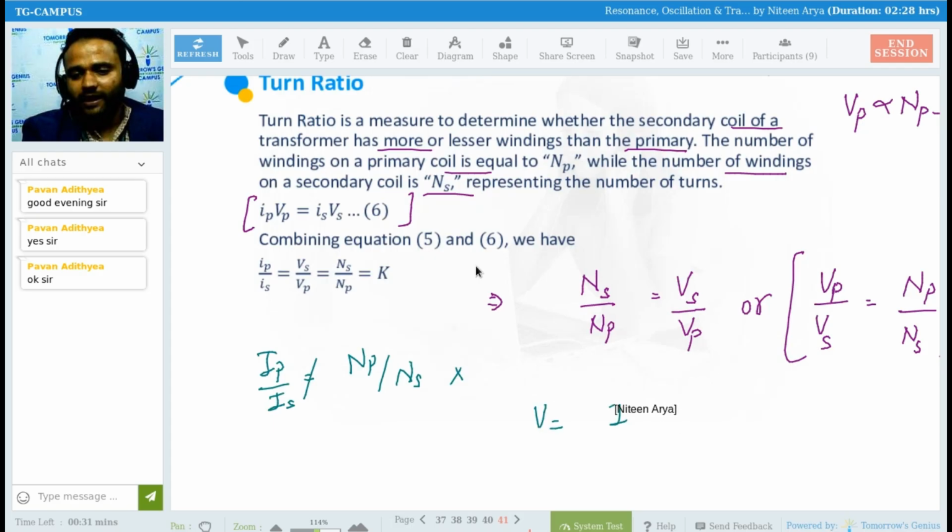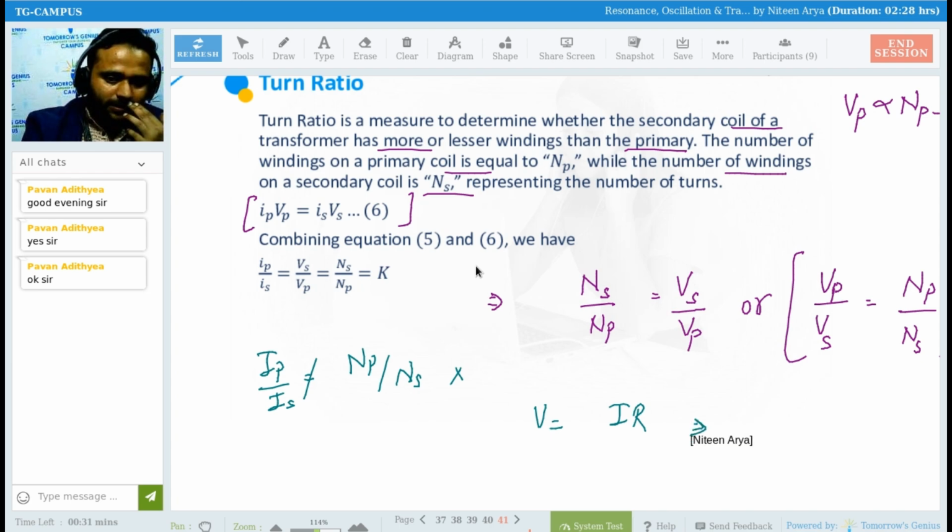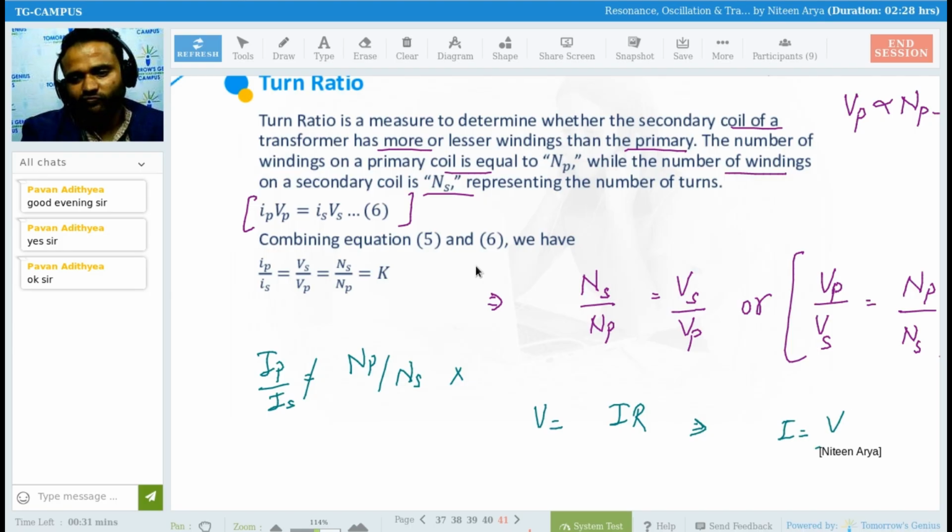Obviously we know V equals IR, so if we know V, then I can be V by R, in this way.